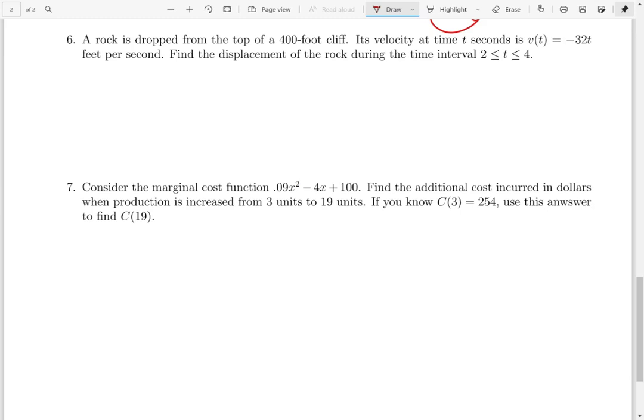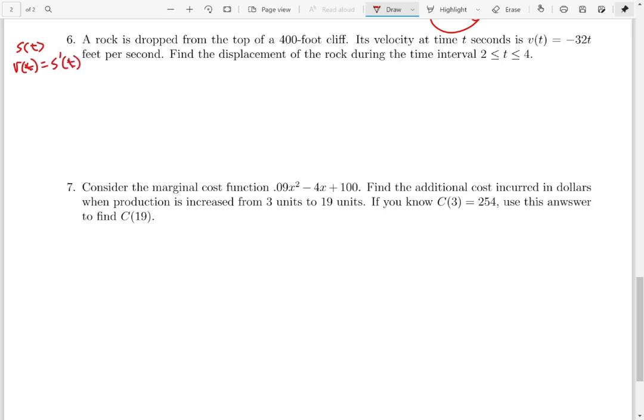Now, the best part of this is that since we were given velocity, recall that previously we talked about the position function, s of t, and if we wanted to find the velocity function, v of t, recall that v of t was equal to s prime of t.